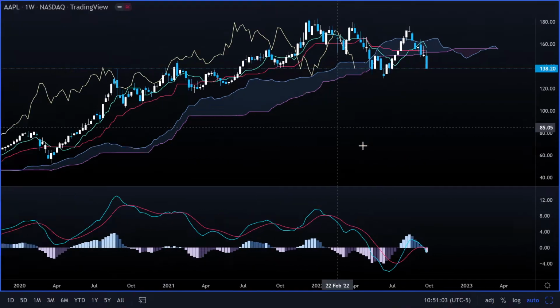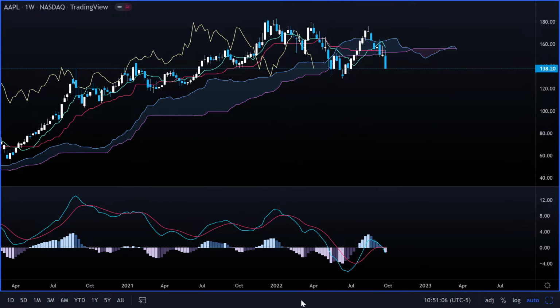You can see that the price seems to be forming a double top like pattern, or you can also see that there is a very clear MACD divergence dating back from here all the way to the latest high back in January 2022.